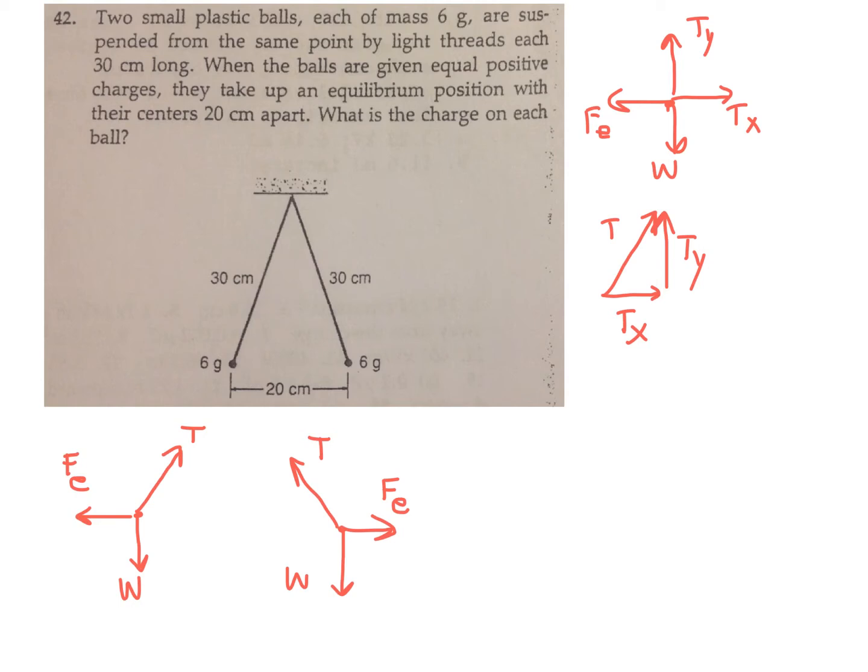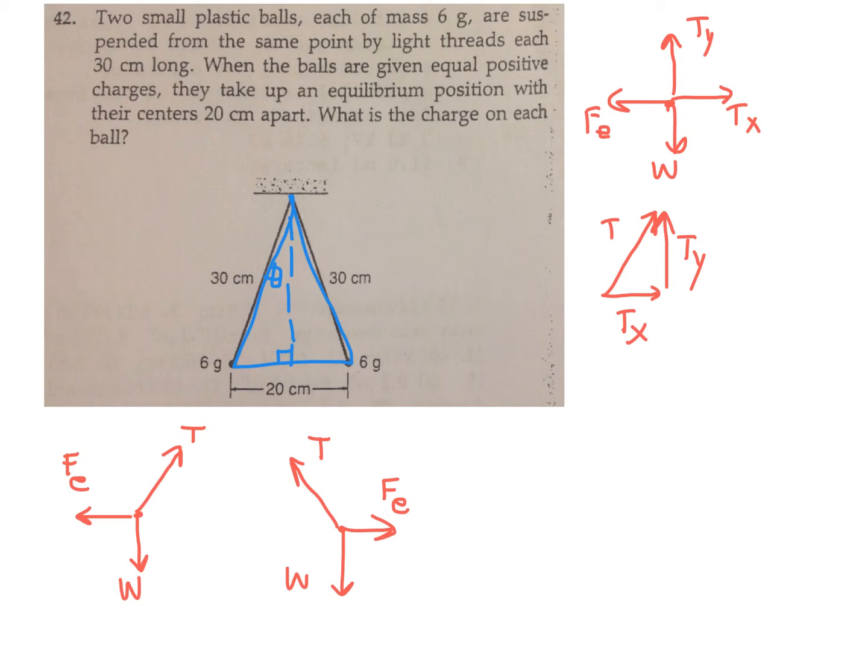If I go back to the original diagram, and let me highlight this, I have an isosceles triangle here with a 20 centimeter base and 30 centimeter sides. If I drop an altitude straight down the middle, that's a right angle. I want to figure out this angle on either side. It's the same on either side. That angle right there is the same as the angle at which T is pointing the string in my vector diagram over there on the right.